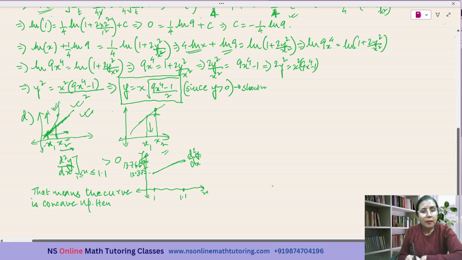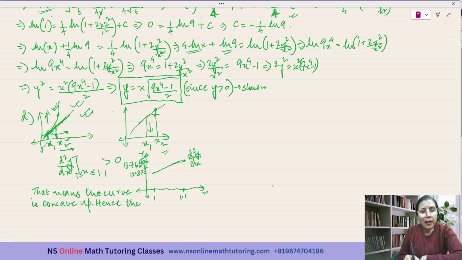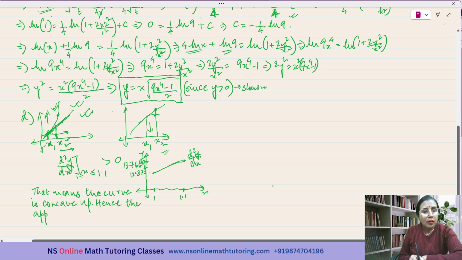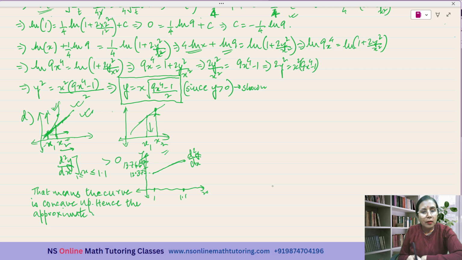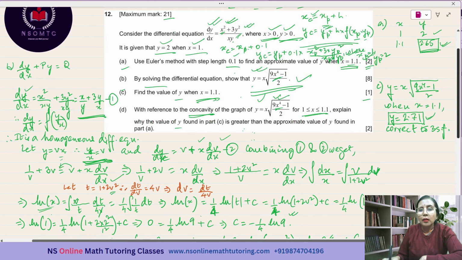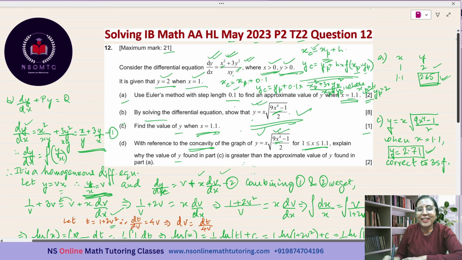Hence, the approximate value of y is less than the accurate value. Okay, so it is containing 2 marks and we have given sufficient explanation.